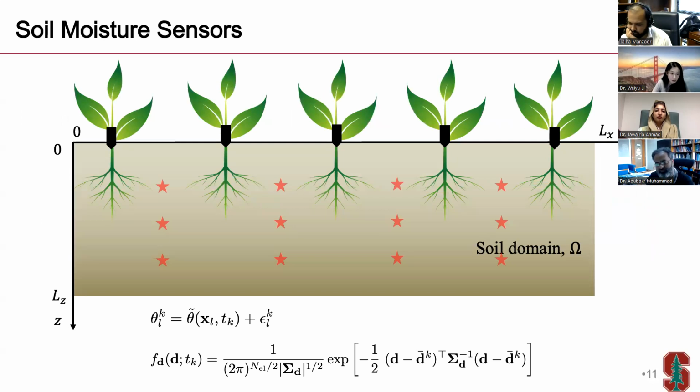Oh yeah, in my current implementation, I use this very ordered placing of sensors, but it could use different configurations. We can choose where we should place the sensor. Should it be close to the root, or between two plants, or close to the surface? So with these two methodologies, we can investigate where to place the sensor, but I haven't done it yet.